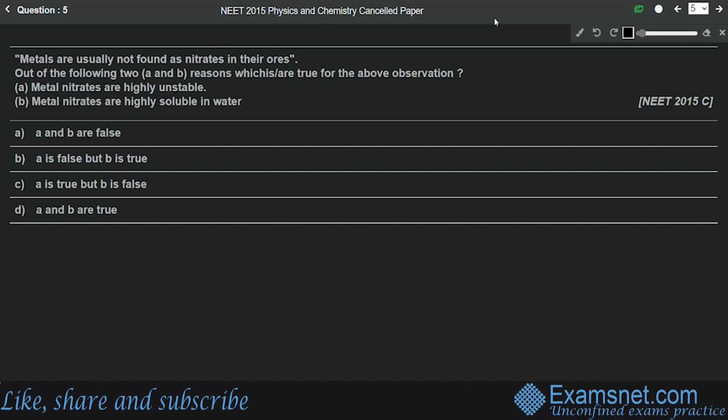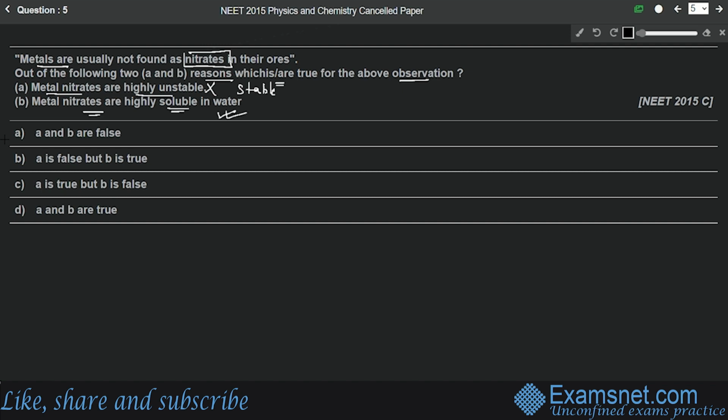Question number 5 is related to isolation of elements, and the question is, metals are usually not found as nitrates in their ores. Out of the following two reasons, which is or are true for the above observation? The first statement says metal nitrates are highly unstable. This statement itself is incorrect because metal nitrates are highly stable. Then the second statement says metal nitrates are highly soluble in water.